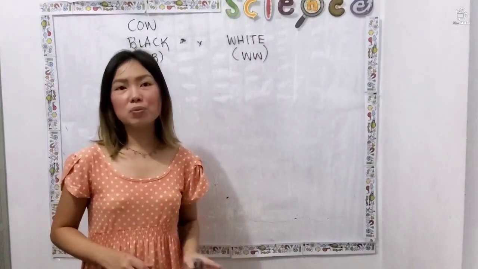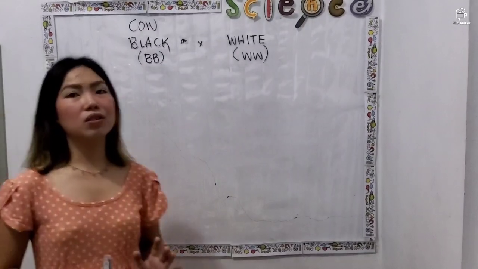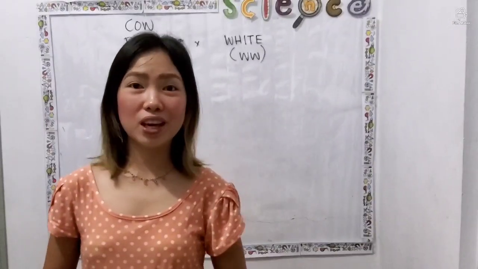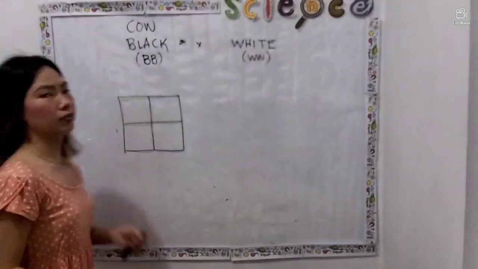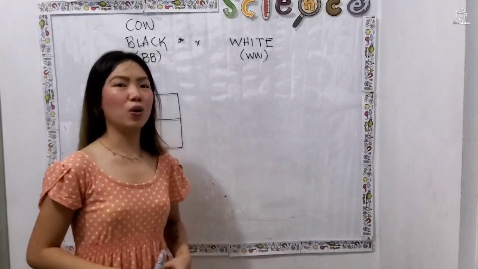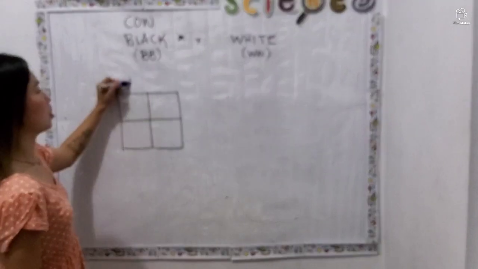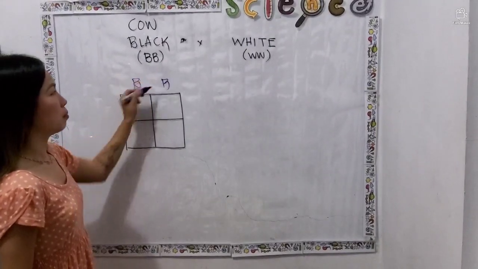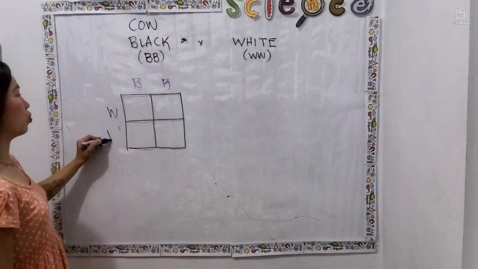Now, I will crossbreed the two cow and identify the result of the cross. Okay, so let us now have the cross between the black cow and the white cow. Lagay ko ngayon sa taas si black, which is B. Then lagay ko sa tagiliran si white, which is W.